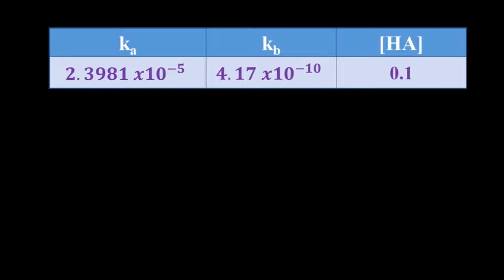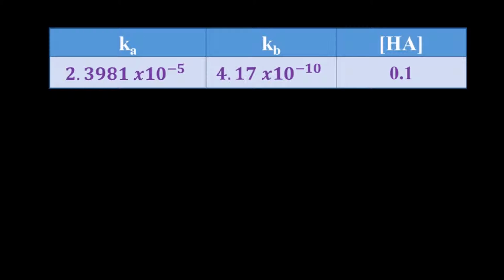Do we have to always apply the quadratic formula? Now remember, the Ka and Kb are very small. Look at the Kb, how small that is. The question is, is it important to employ the quadratic formula with the exact answer, where you have the 0.1 minus x, or can I just use the estimation to get a fair value?